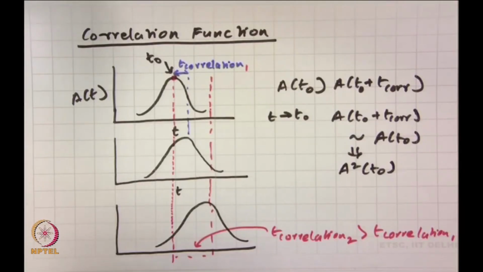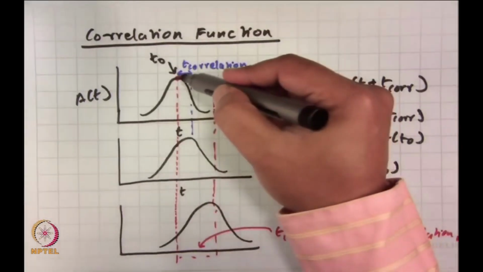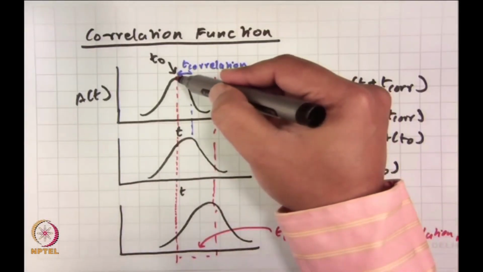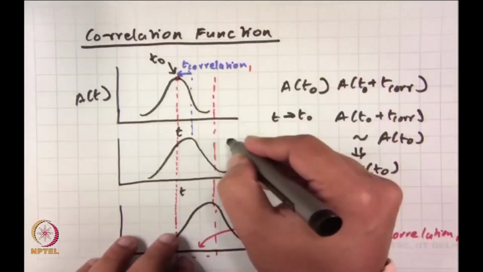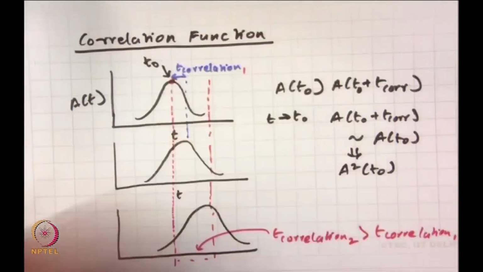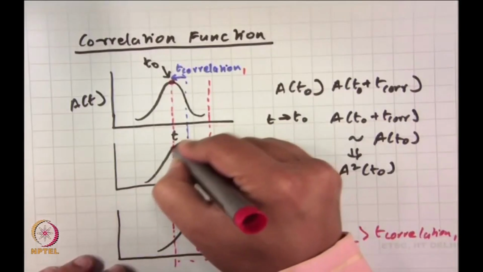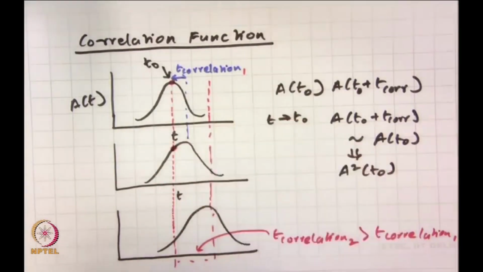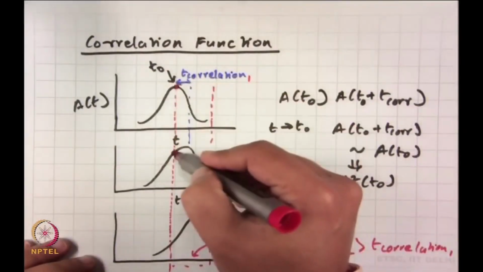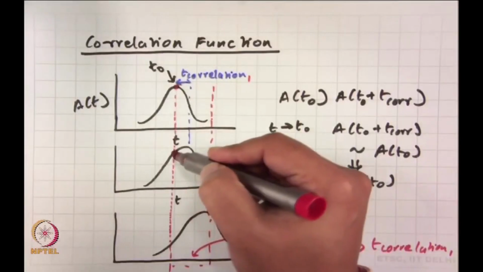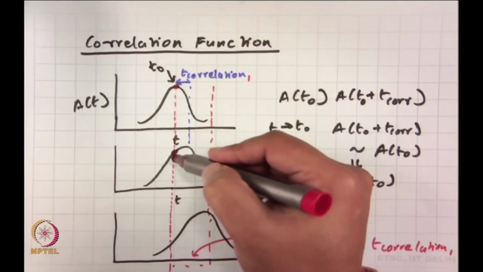Now, if you keep this t naught the same, that means you keep the time at which you are observing the same, after a certain time this guy has moved out a little bit. Now, you look at this portion. If you now take A of t naught, which is this one, times this, which is A of t naught plus t correlation 1, then what has happened?